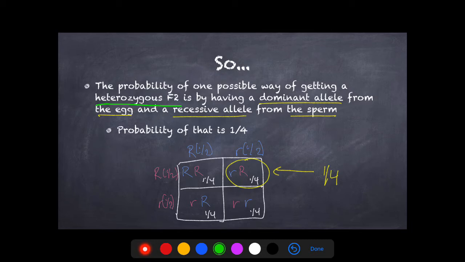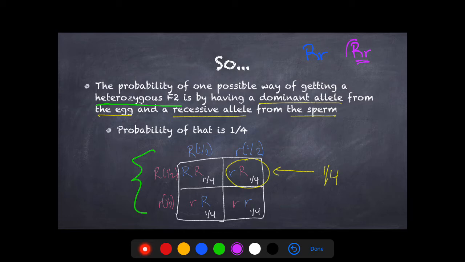So remember in the previous slide how I did the Punnett square and we came out with what it looks like over here. This was our male, this was our female.